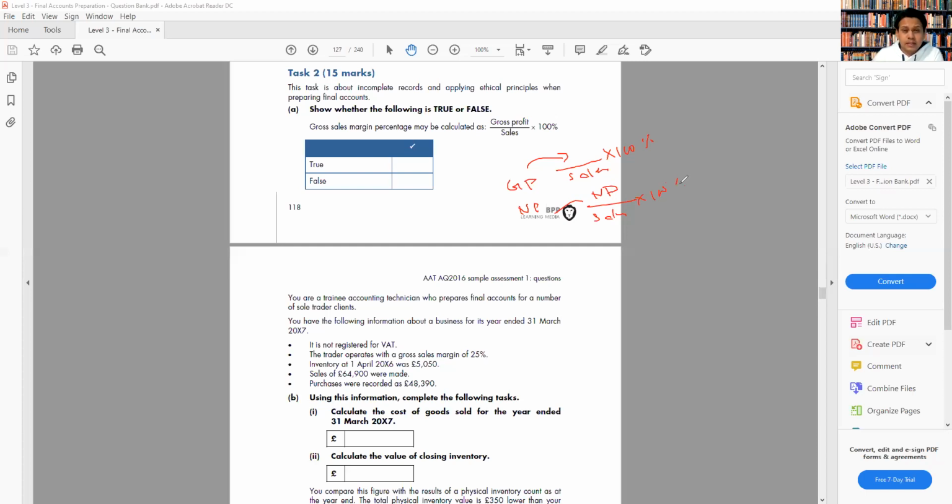In that paper, there is an area where you'll learn ratio analysis, called financial performance indicators. At that time you're going to learn a lot of ratios. But for the time being, if you know the formula for the gross profit, that will be fine. So that is true. All right, let's move on to the next one.